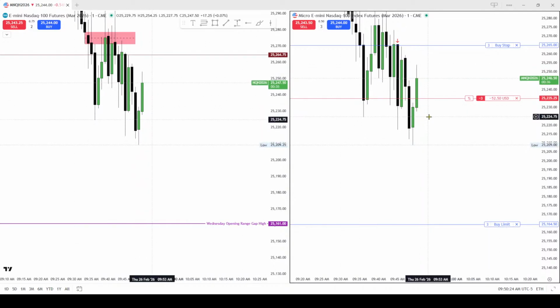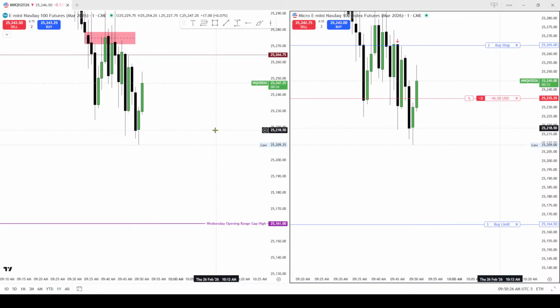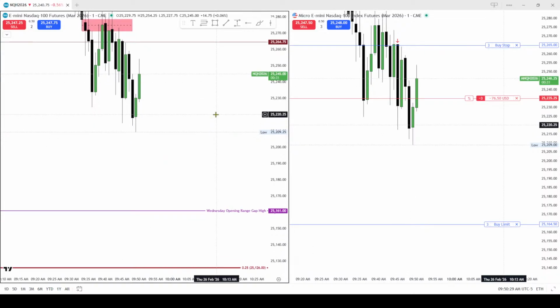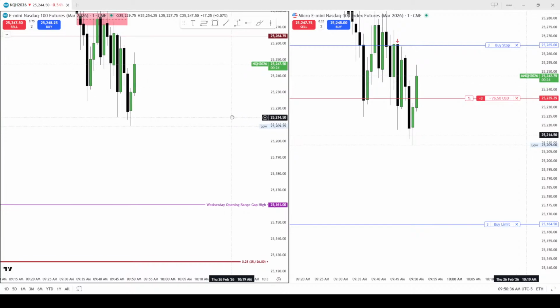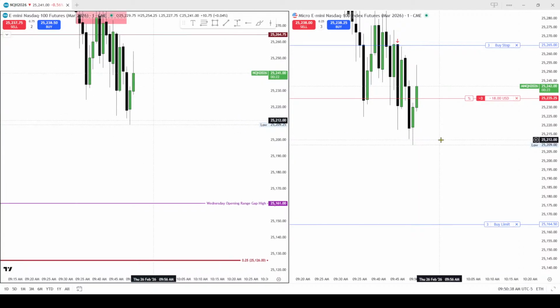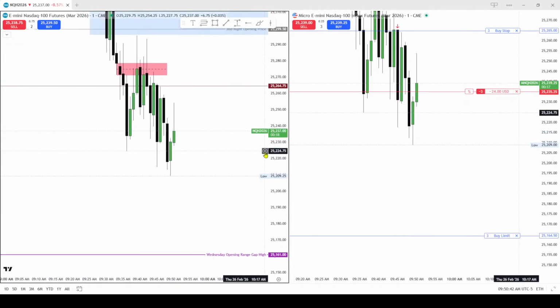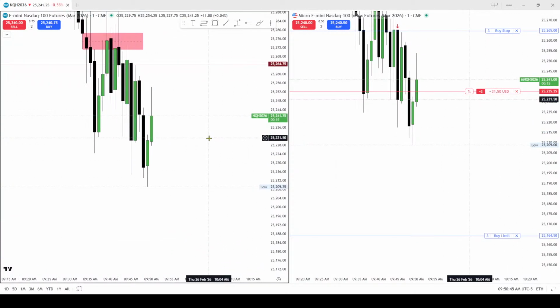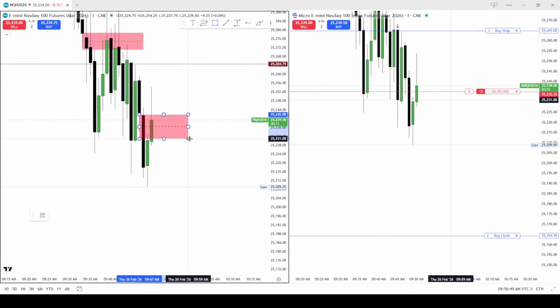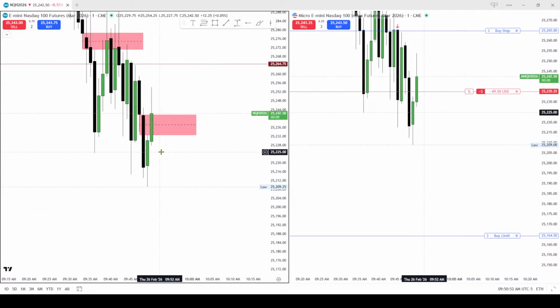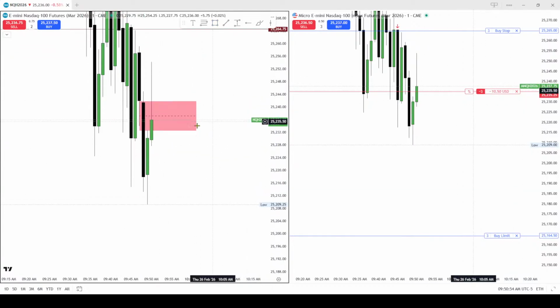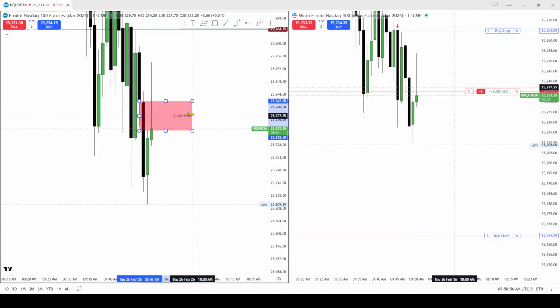Let's see. But here would be the first presented fair value gap.